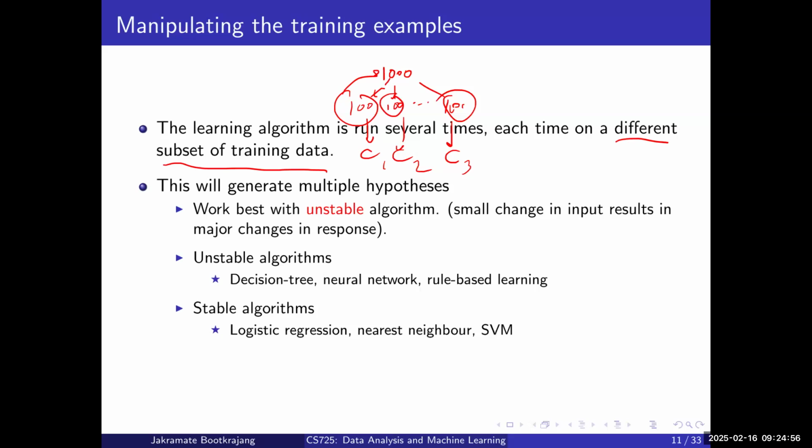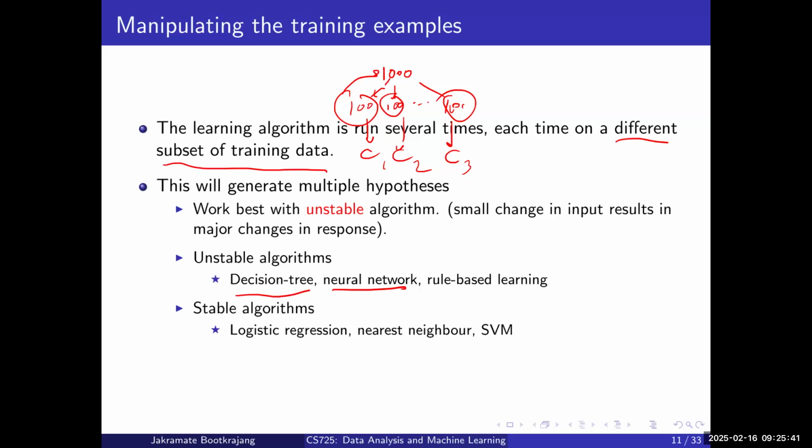So this method requires the classifier to be unstable. And what do we mean by unstable? Unstable means that if you change the input very slightly, it will impact the classifier by a lot. Classifiers that are really sensitive to outliers are unstable. And we have learned unstable algorithms. We learned decision trees. We also learned neural networks. These two are unstable algorithms.